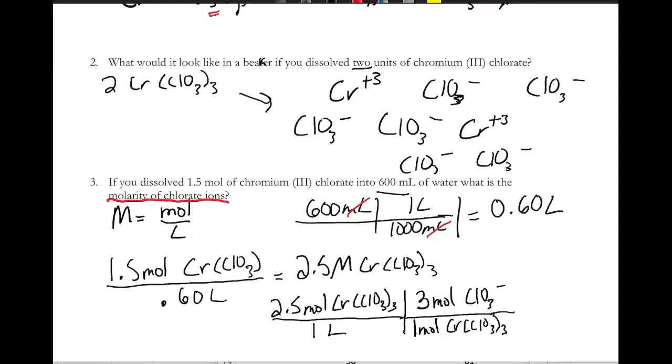And we're just looking at how many of those are in each formula unit. If I look at that, I'm out of units of moles of chromium chlorate. I'm into units of moles of chlorate. And that's going to give me 7.5 molar, or mole per liter, of chlorate ion.